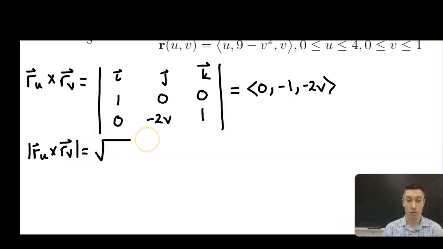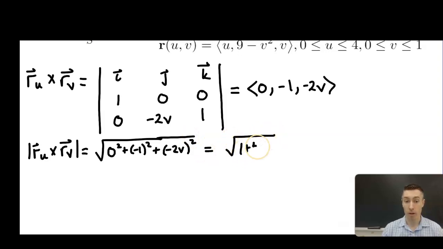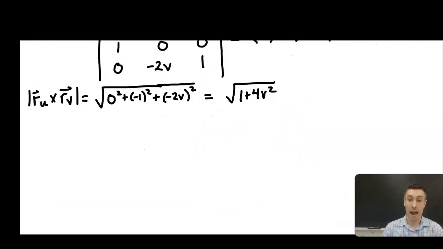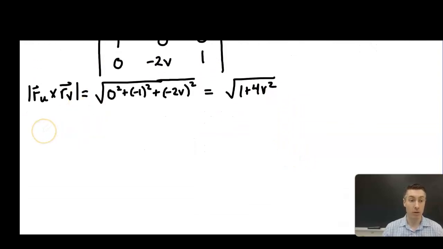So that's going to be the square root of 0 squared plus negative 1 squared plus negative 2v squared. Extend that a little bit further. So that's going to be the square root of 1 plus 4v squared. Okay, so now we can rewrite the integral in terms of u and v. So we're going double integral.